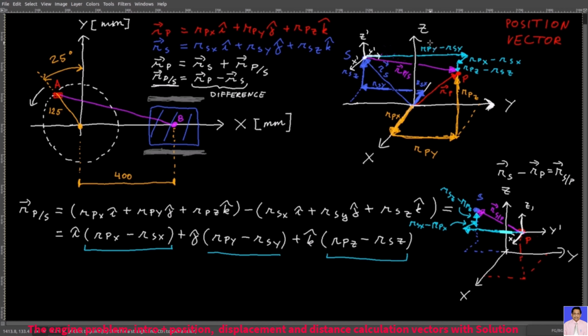And then here you had r py minus r sy, here you have r sy minus r py, which is this one here. So all the components of the displacement vector from the new coordinate frame would have the same magnitudes, but they would be opposite in direction.